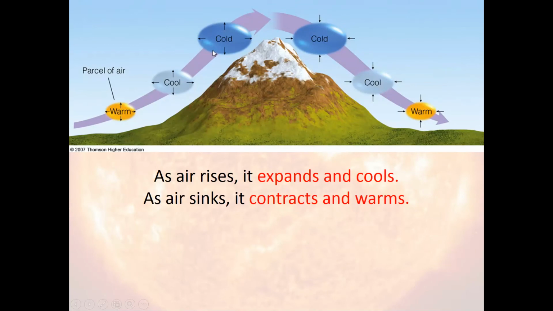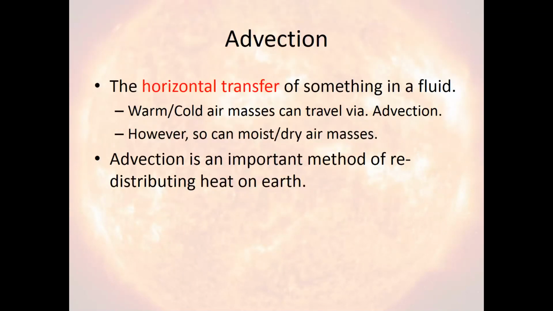As the air continues to rise, it'll continue to expand and continue to cool. Once it gets over the mountaintop and it goes down the other end of the mountain, as it travels down, air pressures increase. That causes the parcel of air to be compressed. That causes it to warm up. So as air sinks, it contracts and it warms.